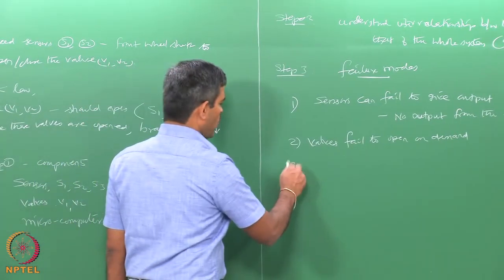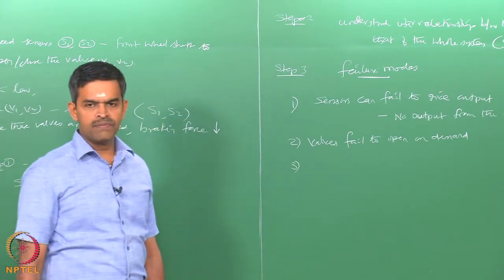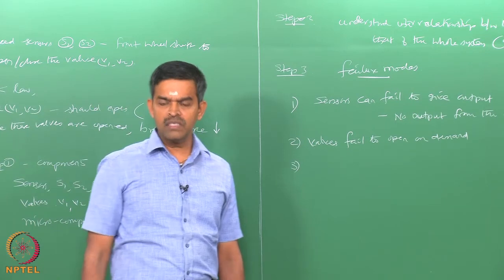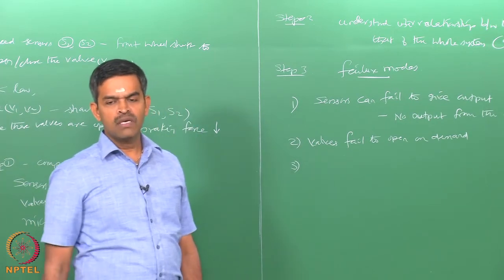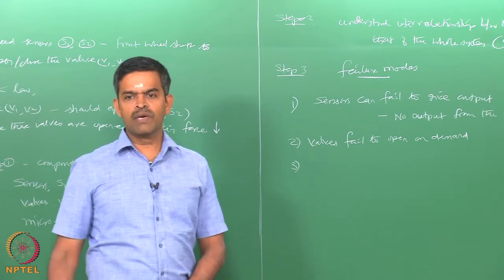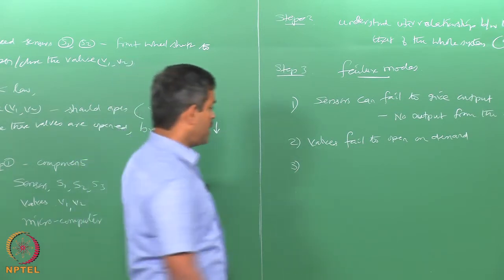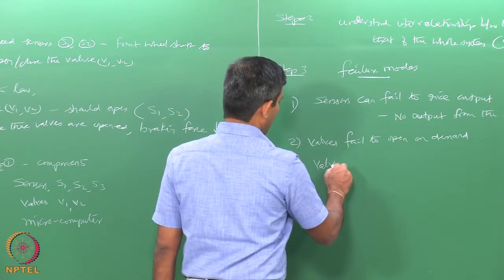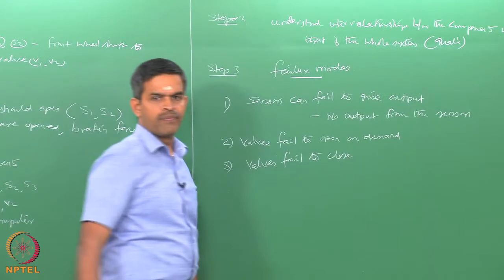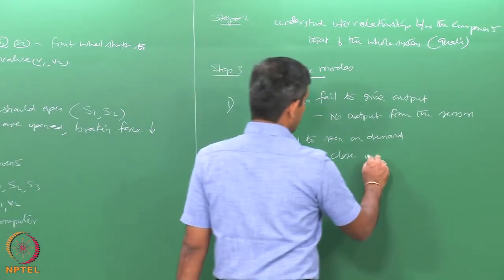Similarly, once the valves are opened, the braking force will decrease, comfortability will be reached, and valves should close automatically by the control mechanism of sensors S1 and S2. But there can be a failure mode where valves fail to close when required.